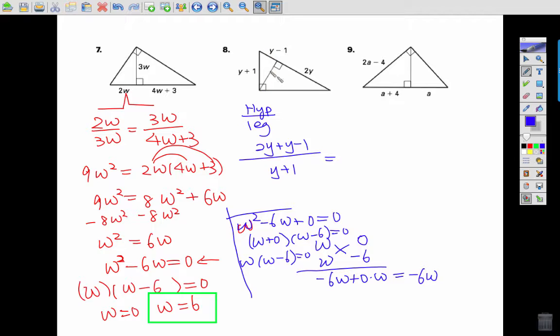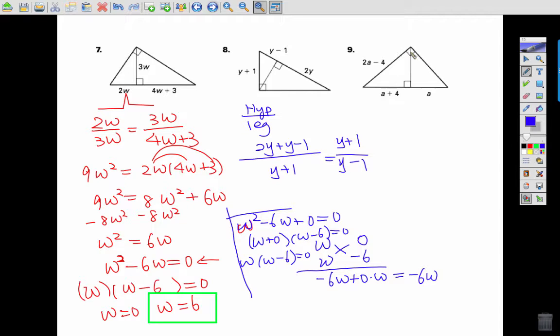Whereas in the smallest triangle, don't I have my hypotenuse, which is y plus 1, over y minus 1, my short leg. And I have my leg being the geometric mean there. If you simplify this, cross multiply, you'll end up having a quadratic equation. You have to factor, and then you solve it.